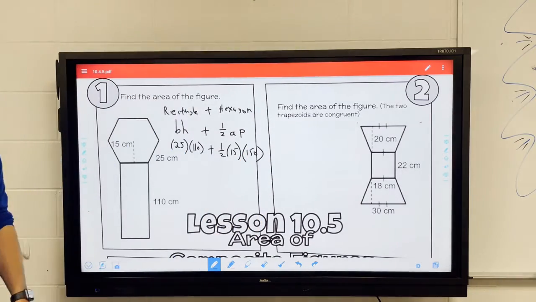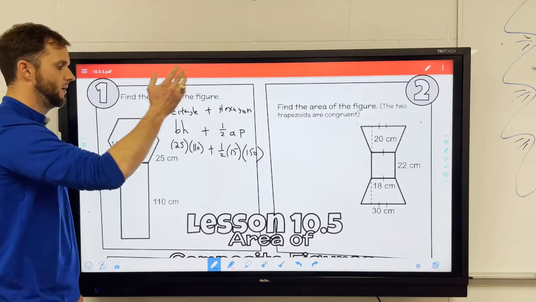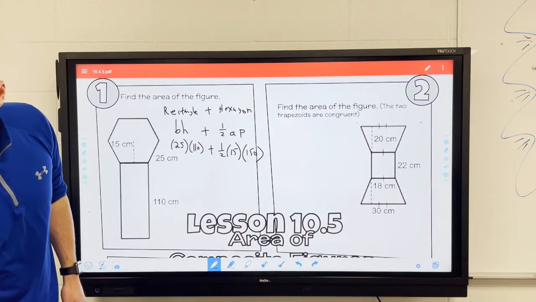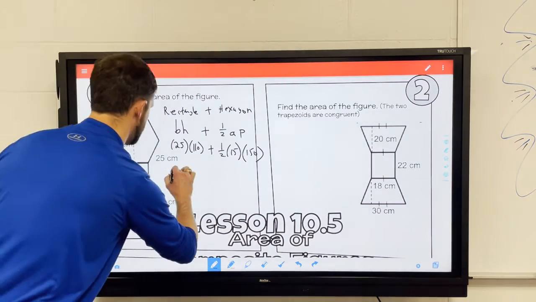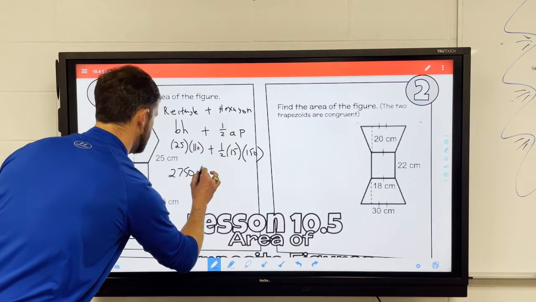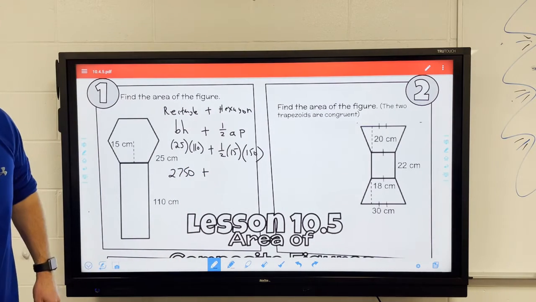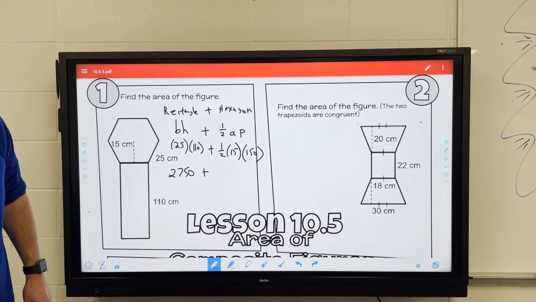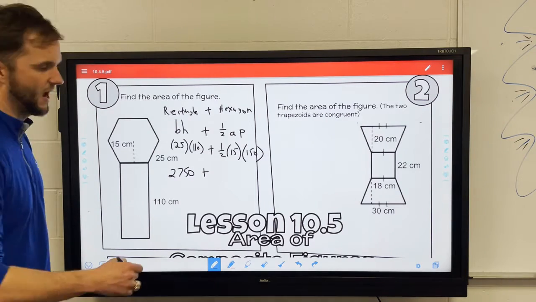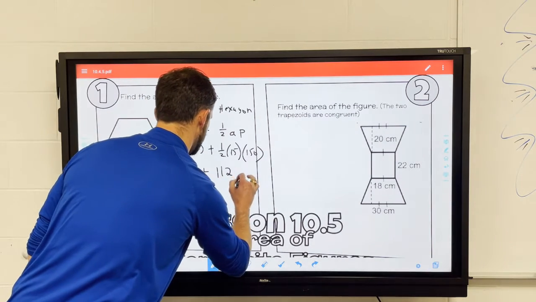Now, ladies and gentlemen, all I have to do is multiply it out and then add them together. So 25 times 110 is going to give you 2,750. And then 0.5 times 15 times 150 is going to give you 1,125.